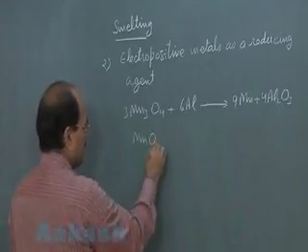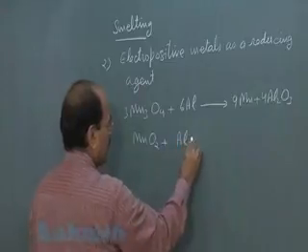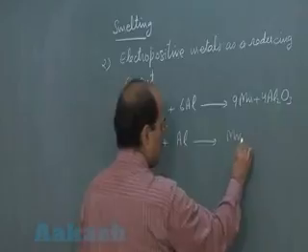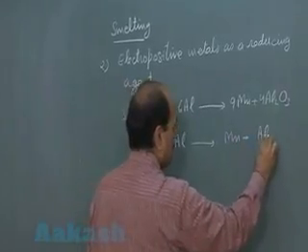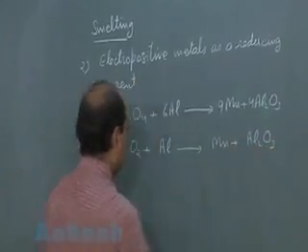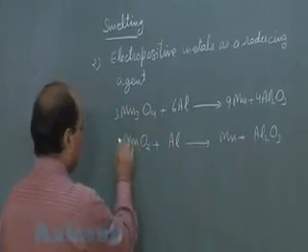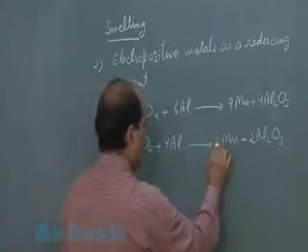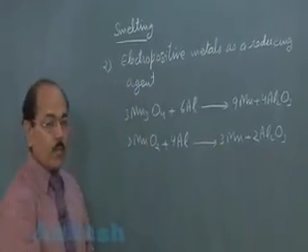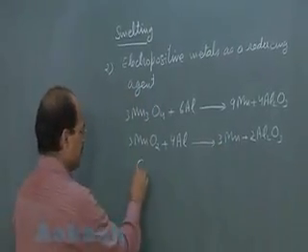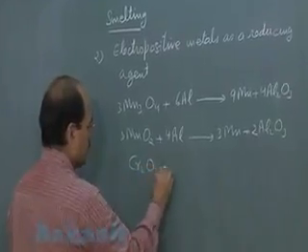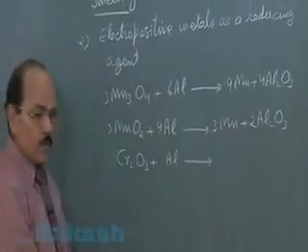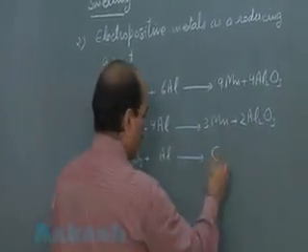Manganese dioxide is also reduced by aluminium to manganese. Chromium oxide is also reduced by aluminium to chromium.